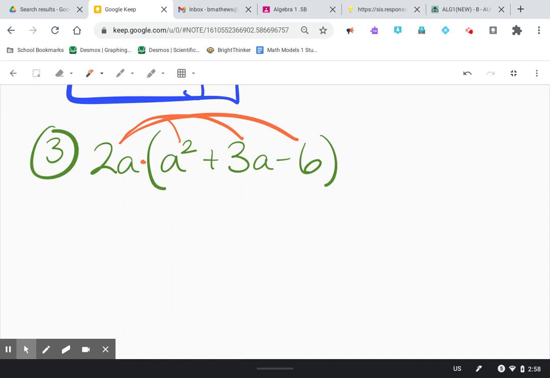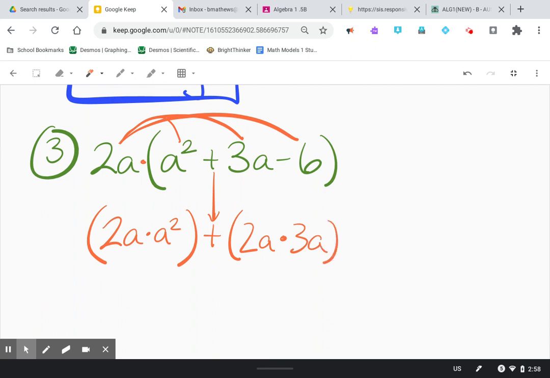Again, I'm going to write out every step. I don't know if you'll always need to do that. But in other words, I'm going to multiply the following three things. 2a times a squared, plus, that plus is coming from there, 2a times 3a, minus 2a times 6.